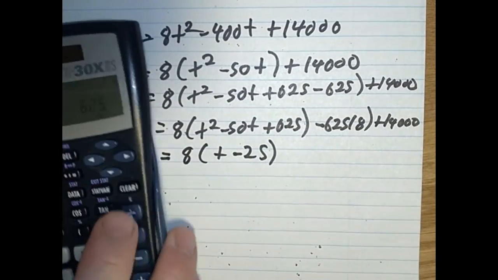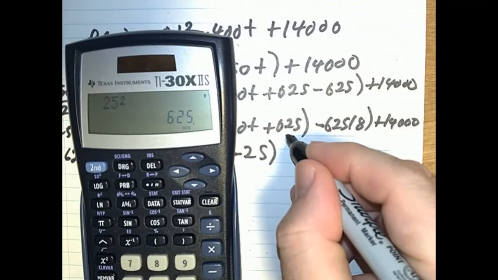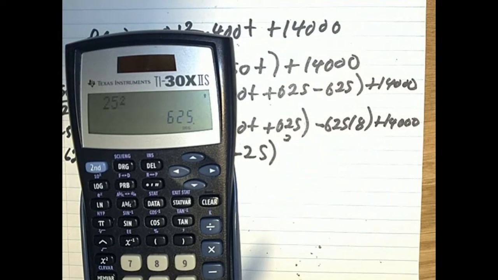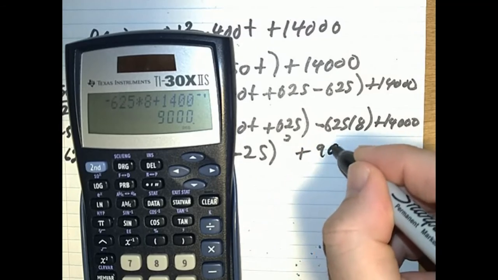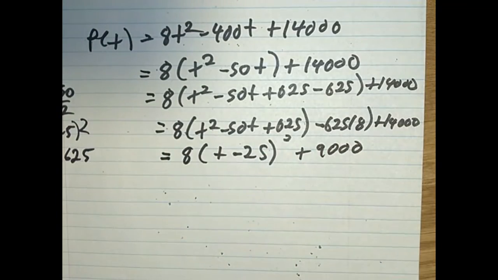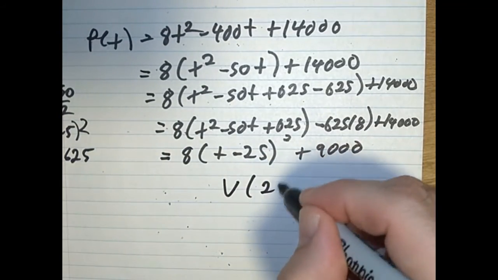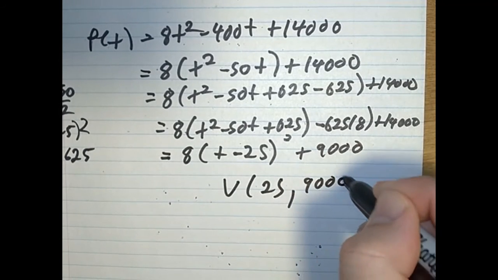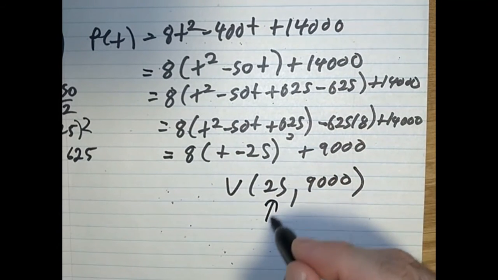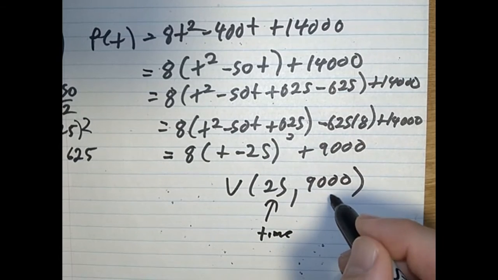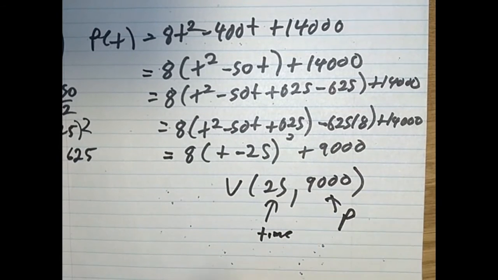Let's put this other one on the calculator: negative 625 times 8 plus 14,123 is 9,000. So our vertex is (25, 9,000). This is our time and this is our P, our population.